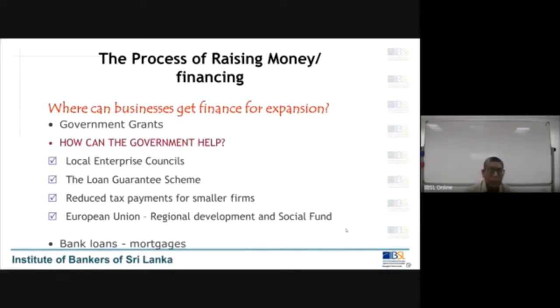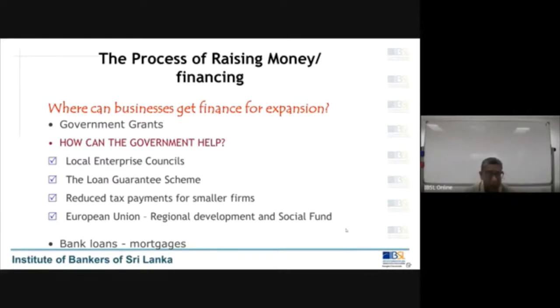And the third one we discussed last time: there may be grants offered by the government for the development of certain business activities. Different governments may introduce different schemes for employees or for entrepreneurs to commence businesses, to facilitate and expand their businesses.